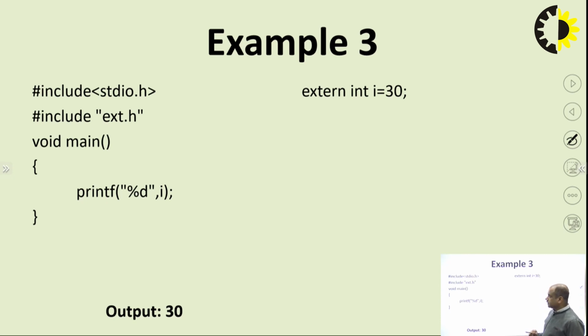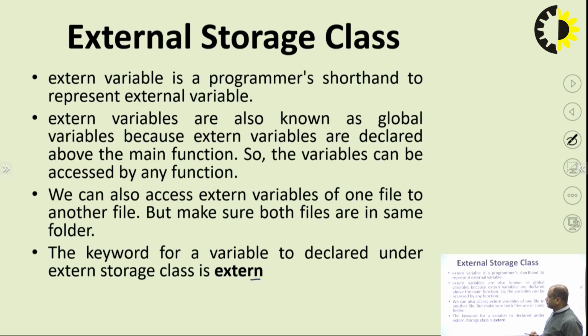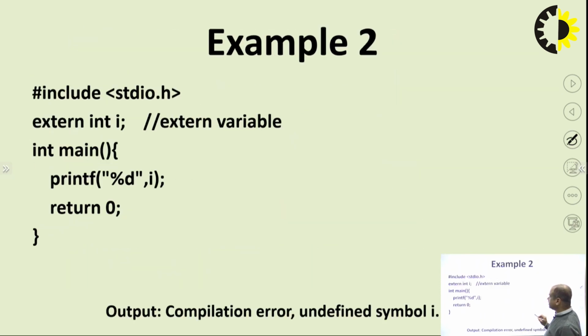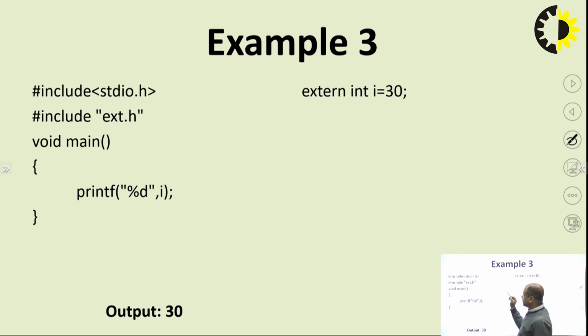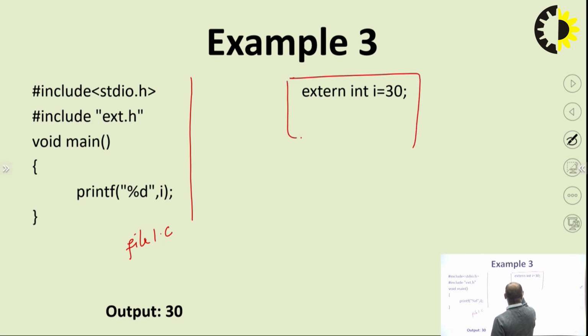So see this example, we are going to explain this. Here the file name is file1.c, and there is another file, ext.h, both in the same folder.